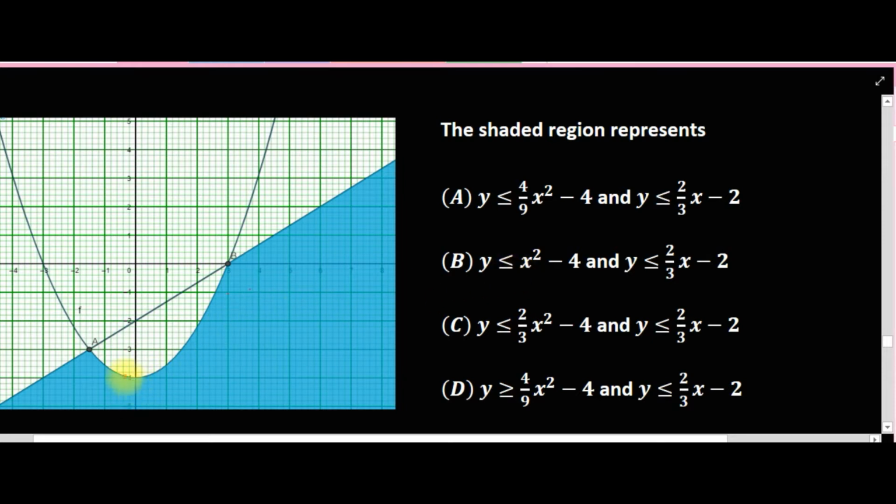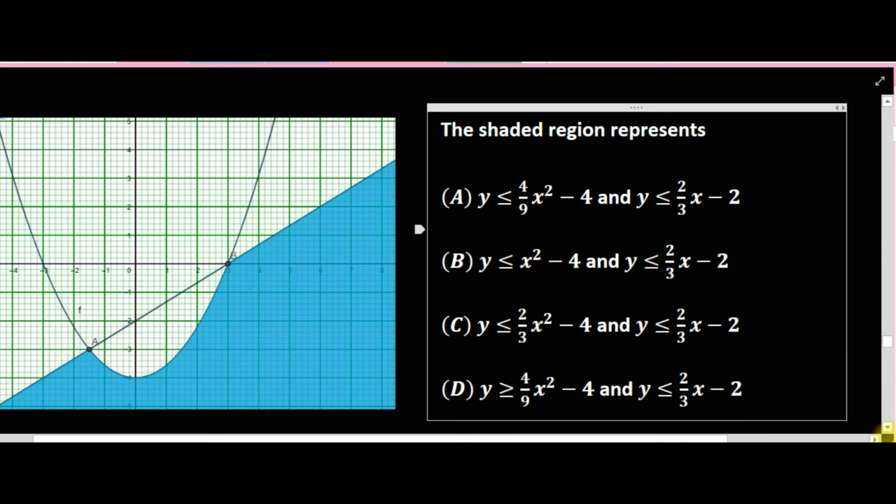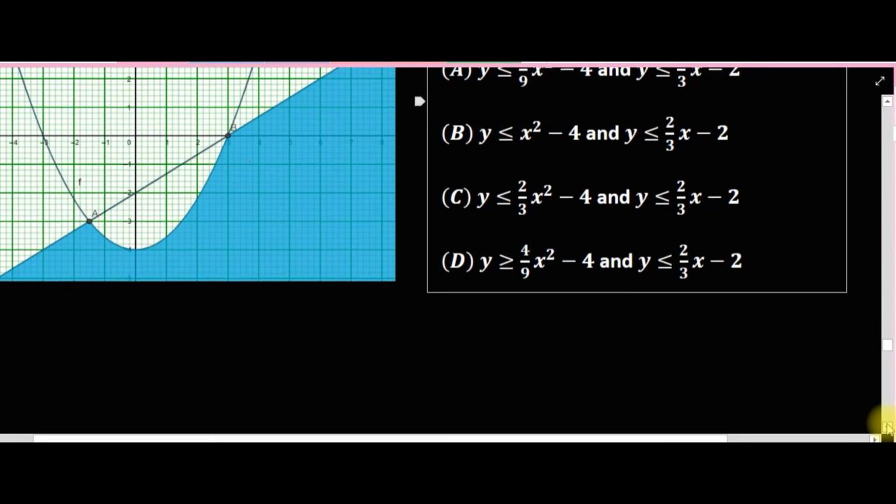In the equation of the curve, the y-intercepts are all negative. So our target is to get the coefficient of x squared, and the coefficients of x squared are all positive. So we need to solve for this. You can't guess.